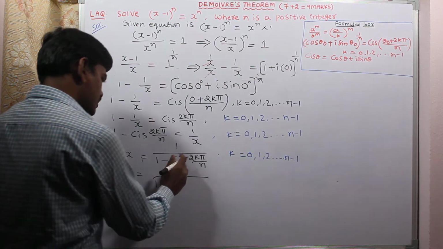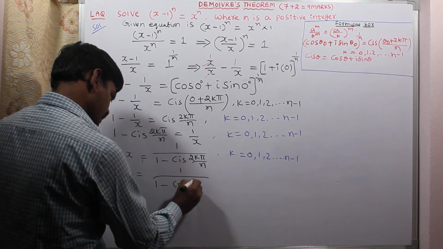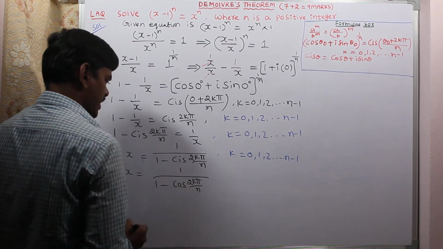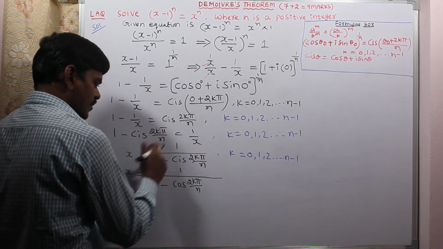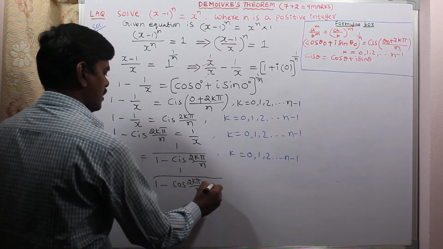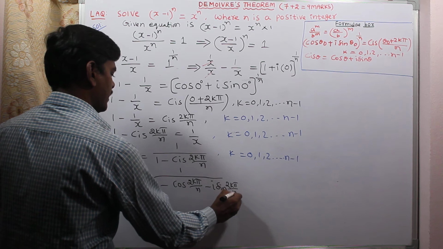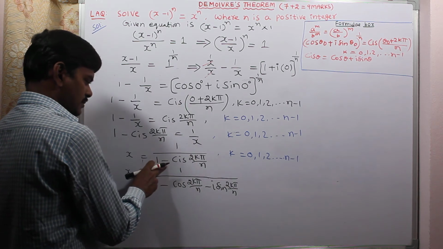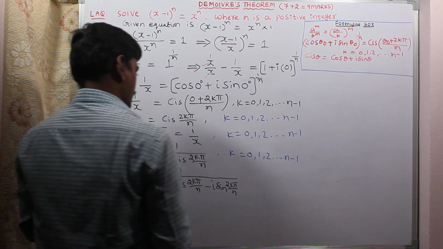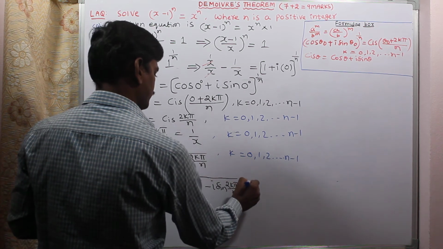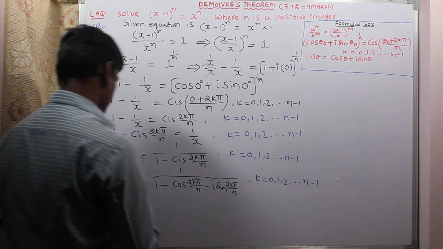So cis 2k pi by n original form becomes cos 2k pi by n plus, actually we should write plus iota, because of minus, minus into plus becomes minus iota into sin 2k pi by n. Due to minus, plus becomes minus, minus into plus is minus, we know already. Now the range of k is 0, 1, 2, and so on up to n minus 1.